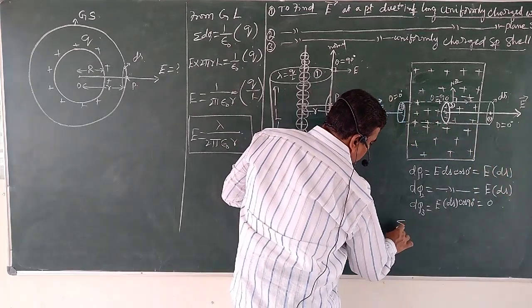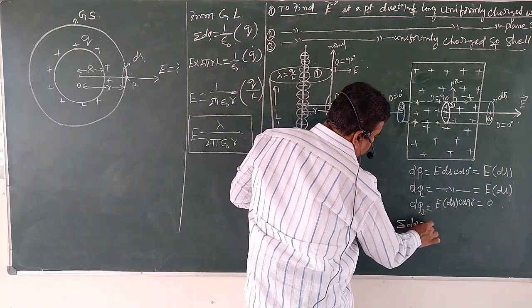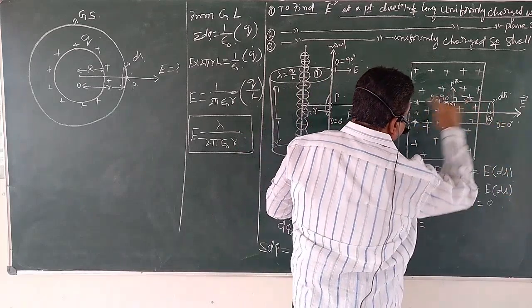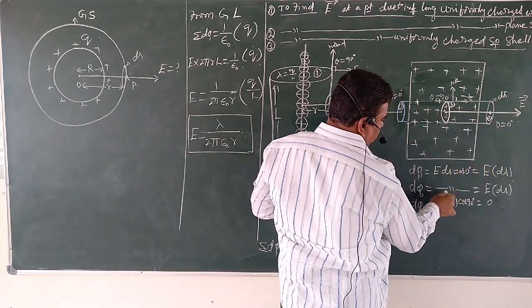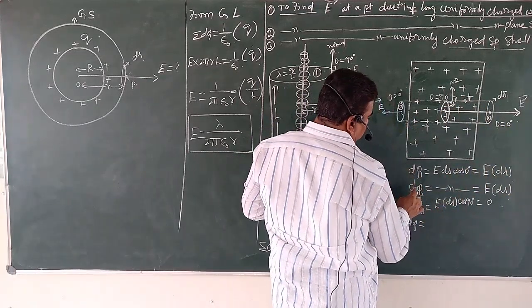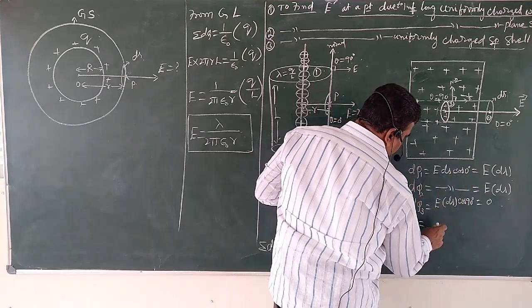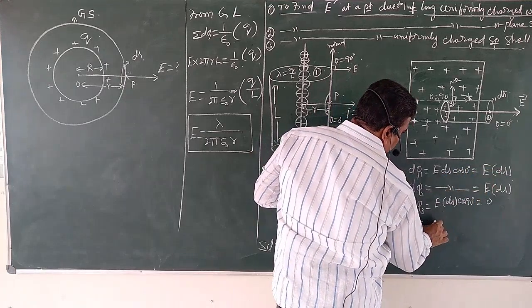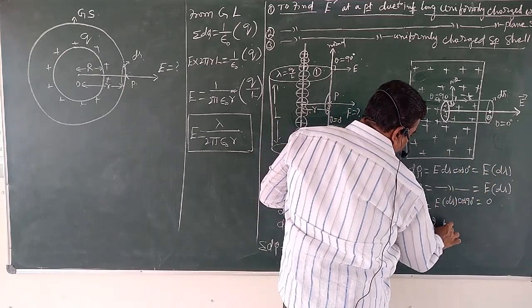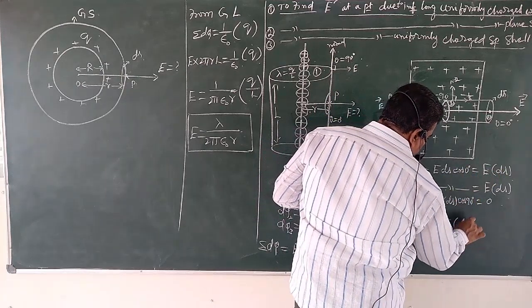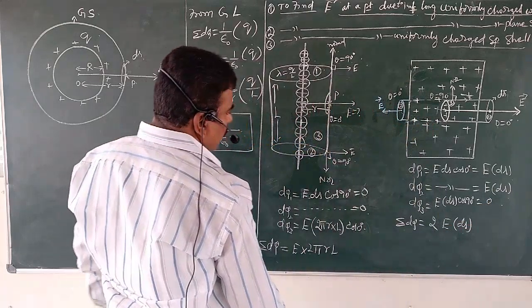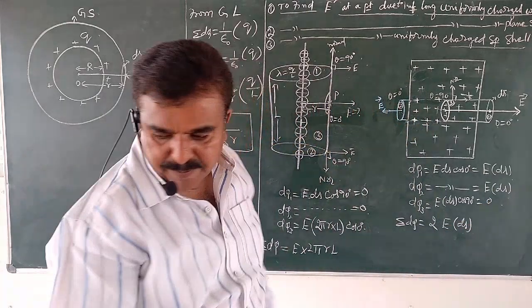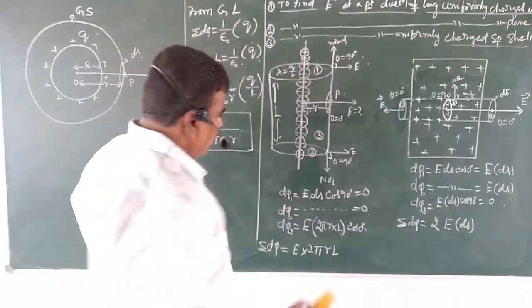The total electric flux through this Gaussian cylinder is dφ1 plus dφ2 plus dφ3, that is 2 E ds plus 0. Now, we shall apply Gauss law.